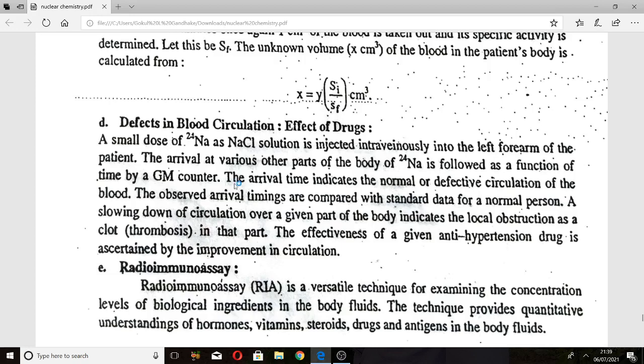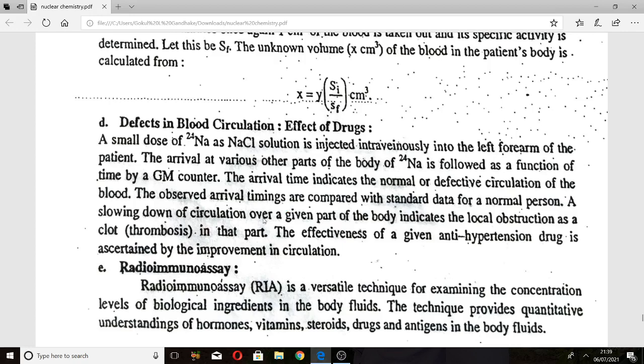Its arrival at various other parts of the body is followed as a function of time by the GM counter. The arrival time indicates normal or defective circulation of the blood. The arrival timing is compared with the standard data of a normal person.